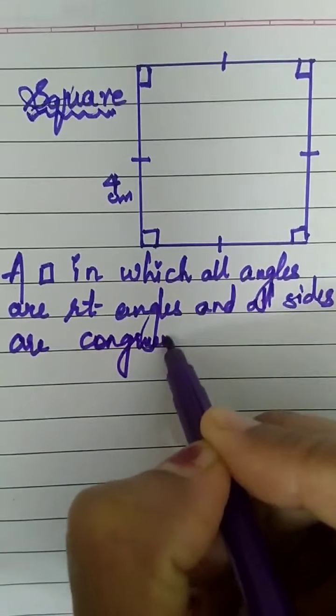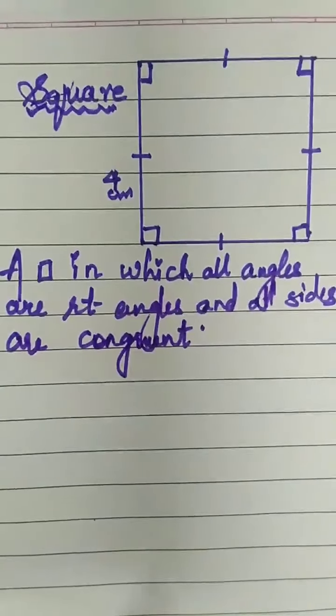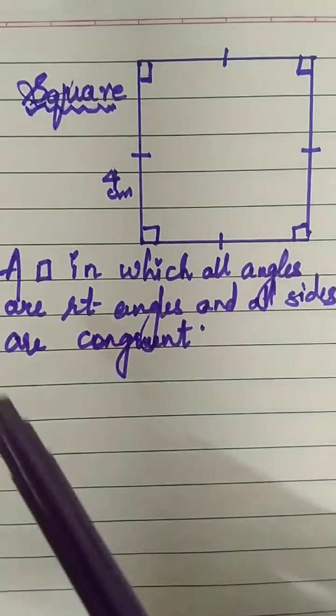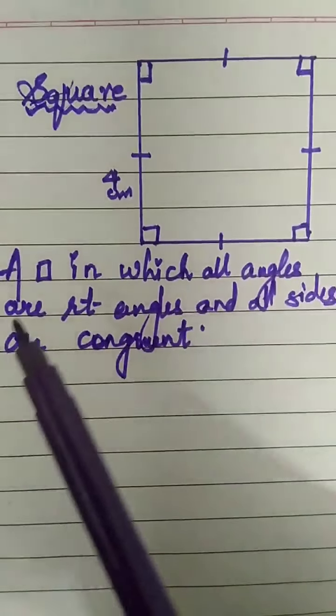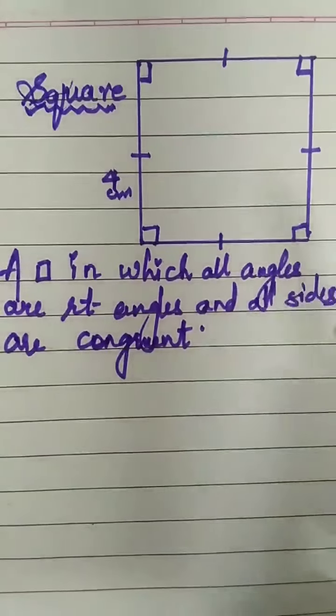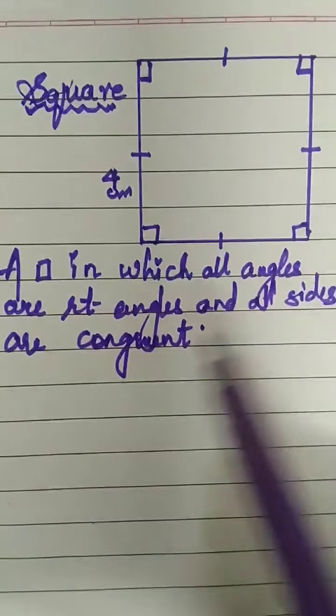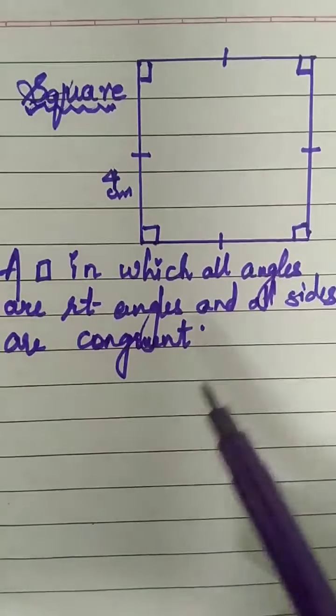As I told you, in maths there is no hard and fast rule that you have to write only one definition. You can write the definition in your own words. Maybe what is given in the textbook, the lines may differ, but the meaning is the same.